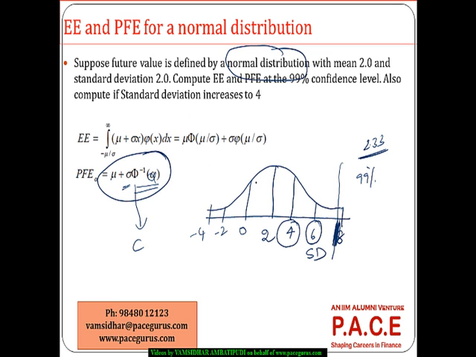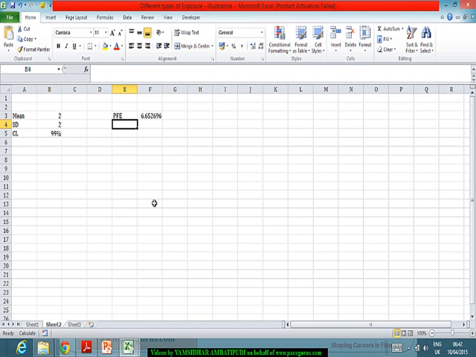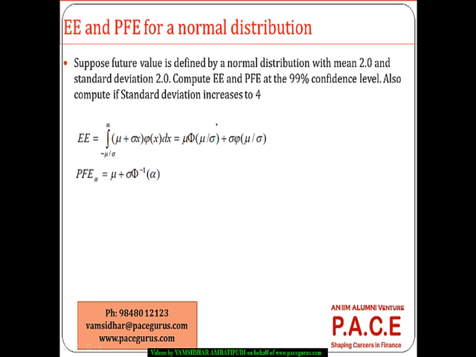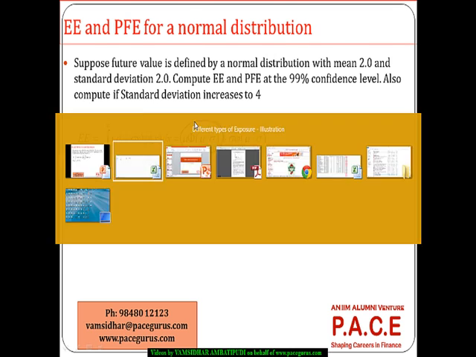Now, when I am looking at expected exposure, I am actually taking the average of all this positive side. This entire thing is what I am taking as the average. I will be ignoring anything that is below 0 here. I'll ignore this part, but the rest of it I will compute as part of expected exposure. That's the reason the formula comes out as mu times phi of mu by sigma.